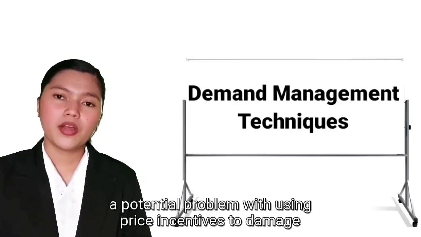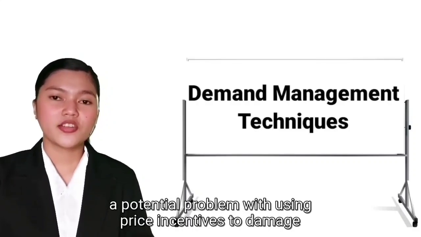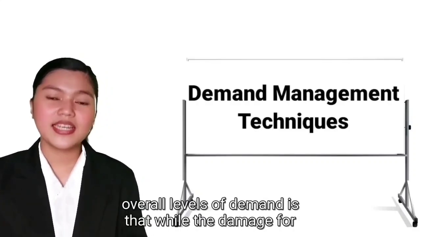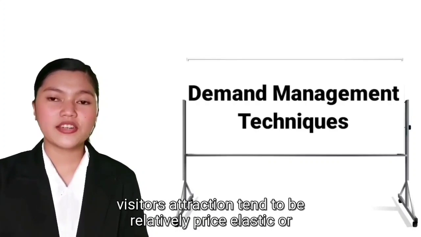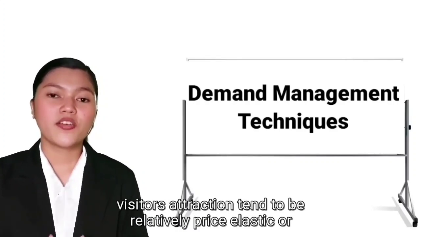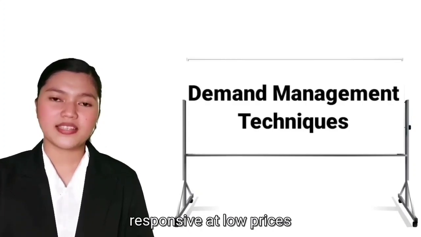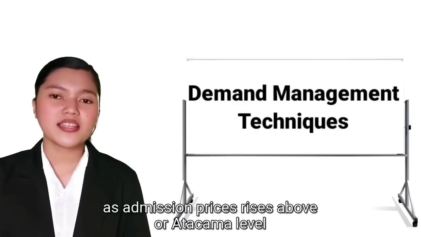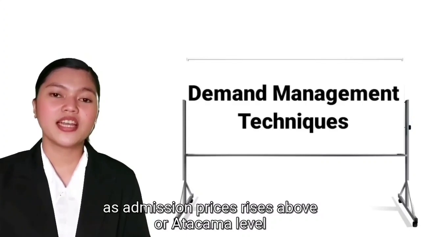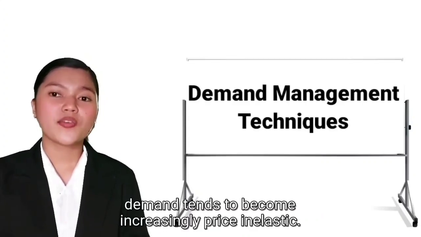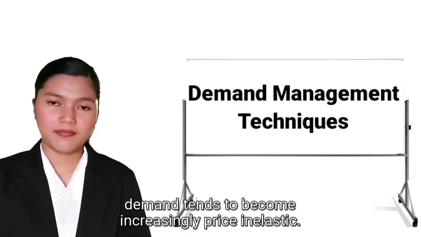A potential problem with using price incentives to moderate overall levels of demand is that while the demand for visitor attractions tends to be relatively price elastic, or responsive, at low prices, as admission prices rise above a token level, demand tends to become increasingly price inelastic.